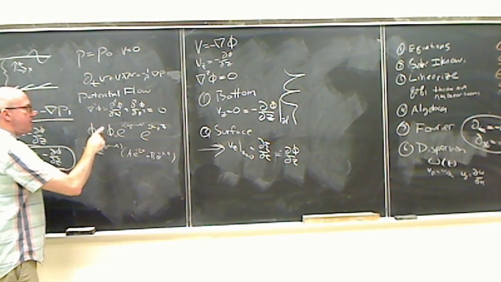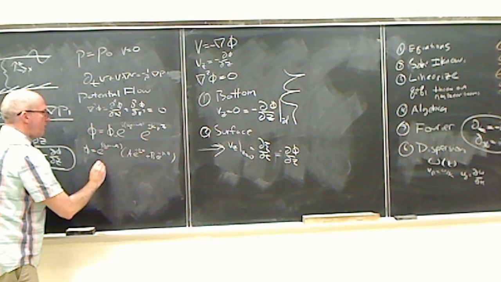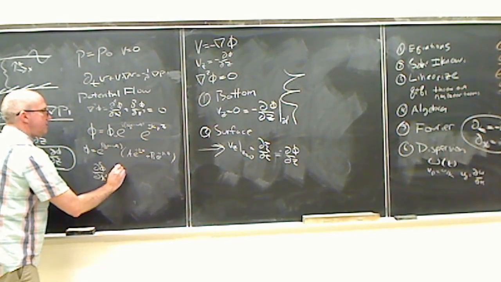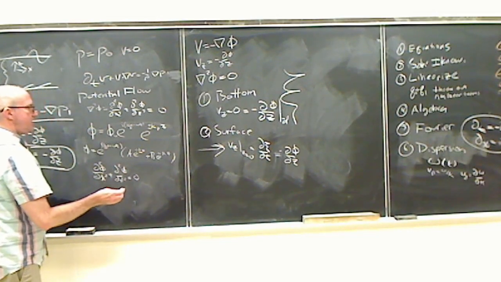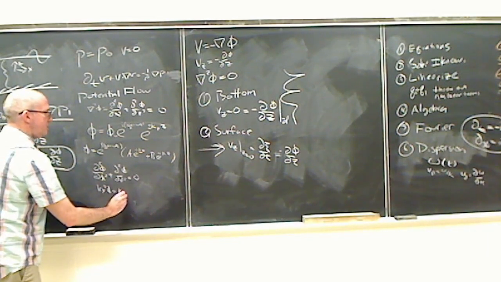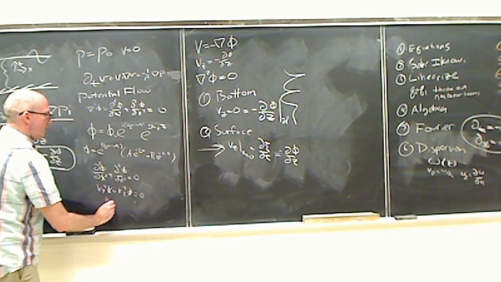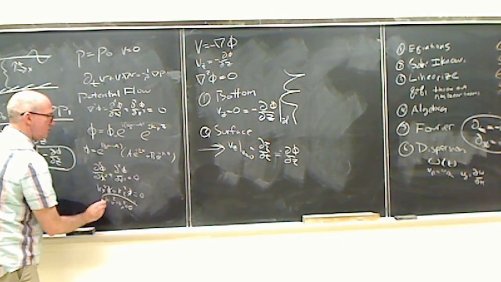But I have this equation, so I can say that d squared phi dx squared plus d squared phi dz squared equals 0. This is just going to be kx squared times phi, and this is going to be equal to kz squared times phi. And the phi cancels, so kx squared plus kz squared equals 0.